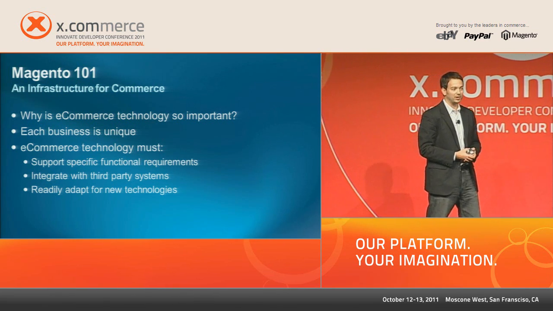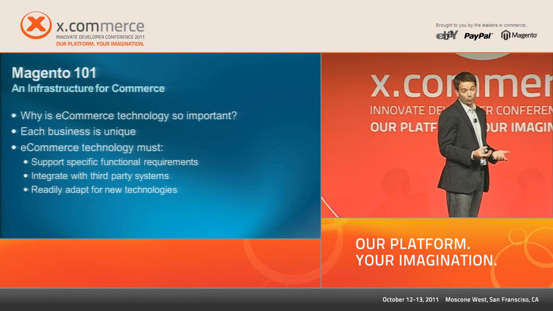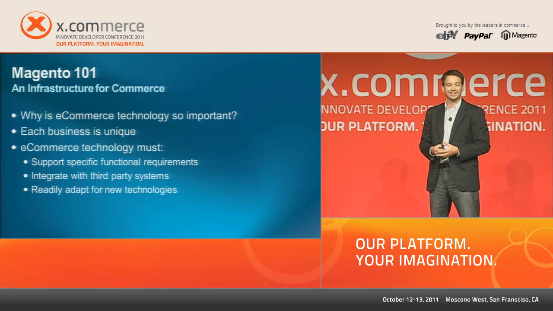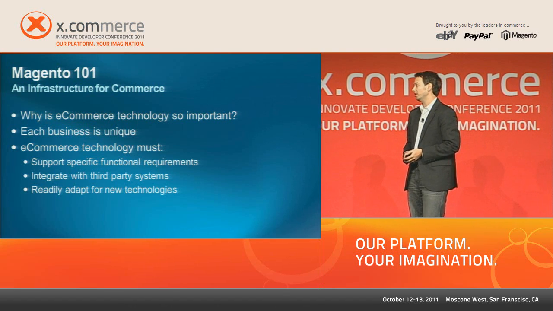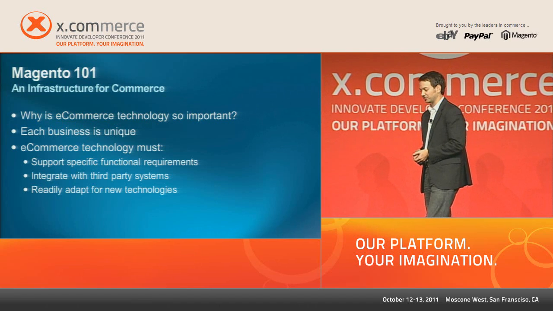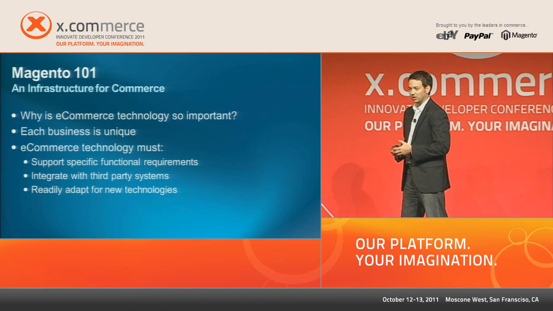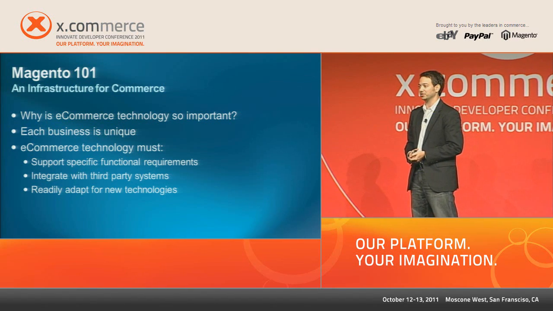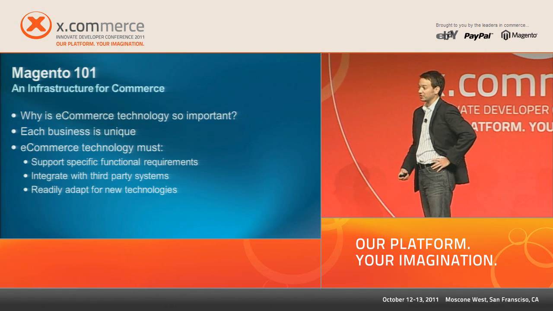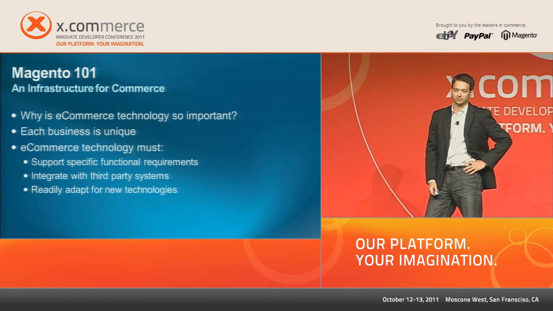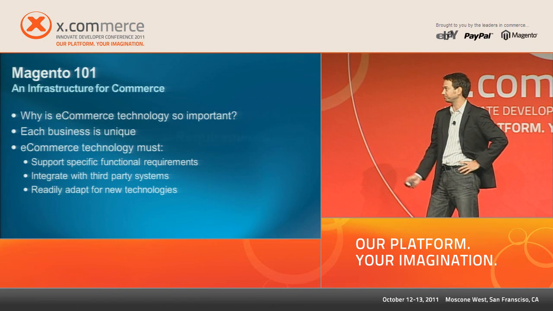Again, a lot of what you talked about earlier with the X.commerce framework and everything that's going on over there is built largely around this idea of making it easier to integrate. And the third thing is it must readily adapt for new technologies. Again, referring to some of the sessions earlier, there's a lot of trending towards other areas in other marketplaces that's important for you as an online retailer to be visible in. So these are three core characteristics that we're going to talk about here.